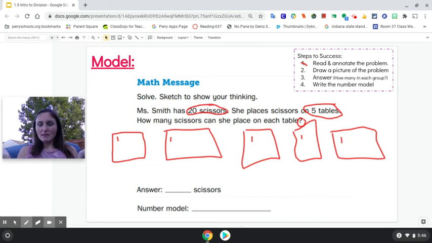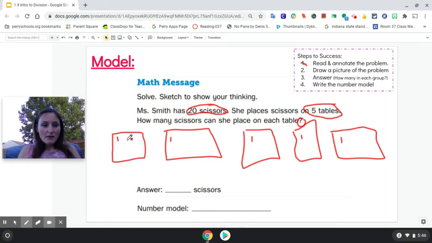Okay, am I done? No, I only counted to 5. What number am I supposed to count to? That's right, 20. I need to have 20 scissors divided up between these. So I've only put 1 pair on the 5. So now I need to start back at the beginning and count until I finish, and just keep doing that loop until I get to 20.